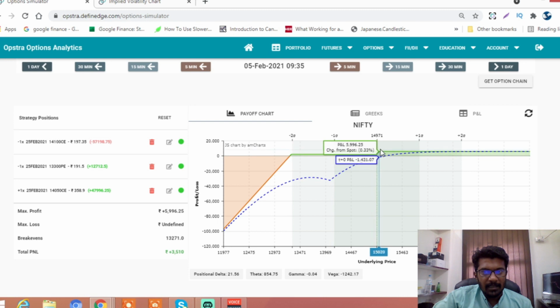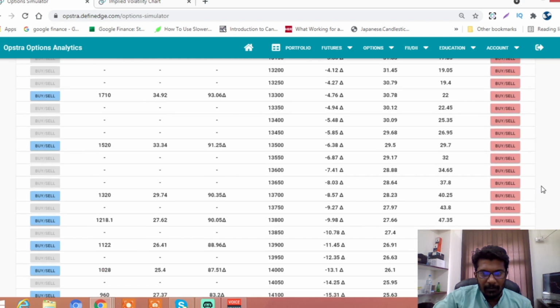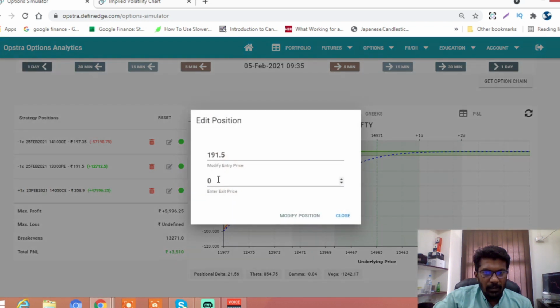Since market was on bullish mode and has significantly moved on the upside, we can book profit on the 13,300 put we sold. We sold it for 190, I believe, and it is only 22 rupees now. So I am booking profit on this.